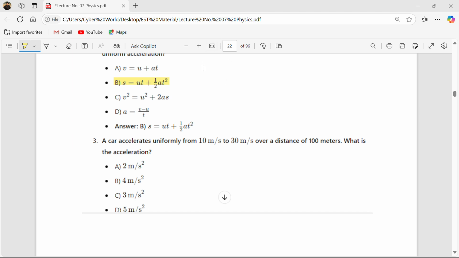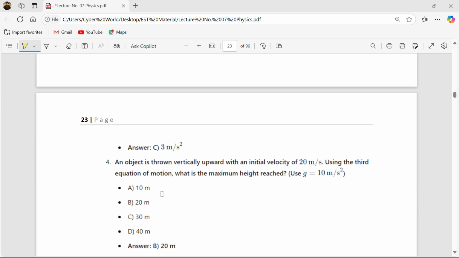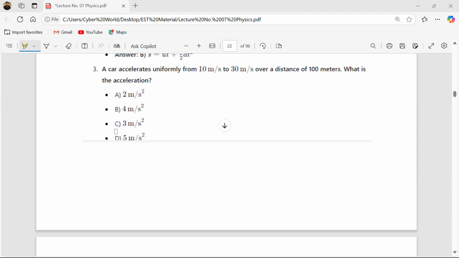You know that the third equation of motion is vf squared equals vi squared plus 2as. So if you want to find the acceleration, 2as becomes equal to vf squared minus vi squared. Putting the value of Vf, Vi, and the distance, you can easily find the acceleration, and that acceleration should be 3 meters per second squared.